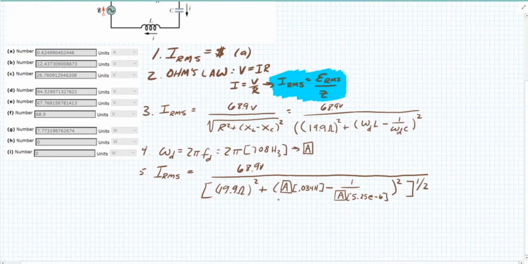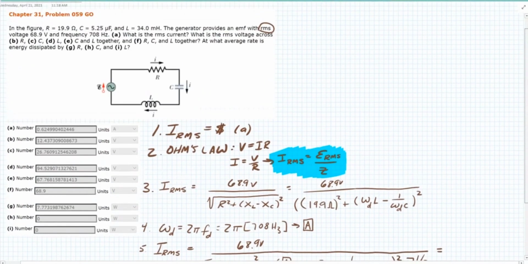R squared plus, that's right, I think. All right, so let's find out what our average current is. Double checking, 34 millihenry.